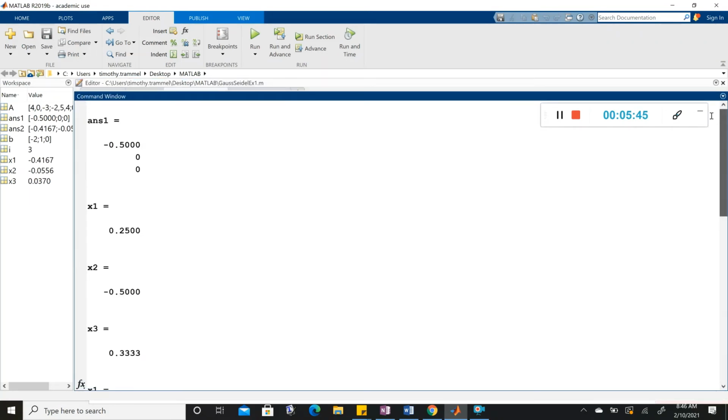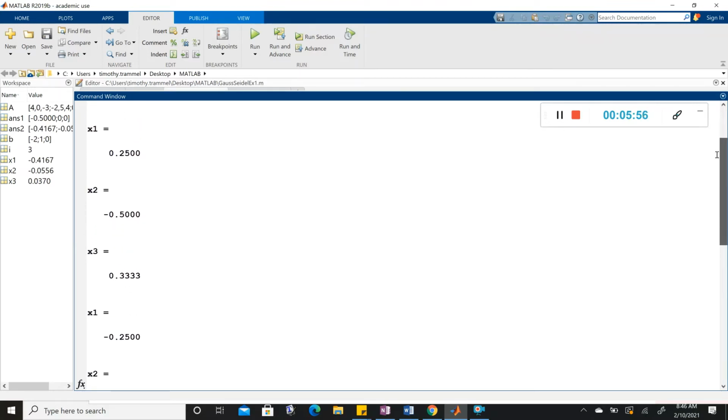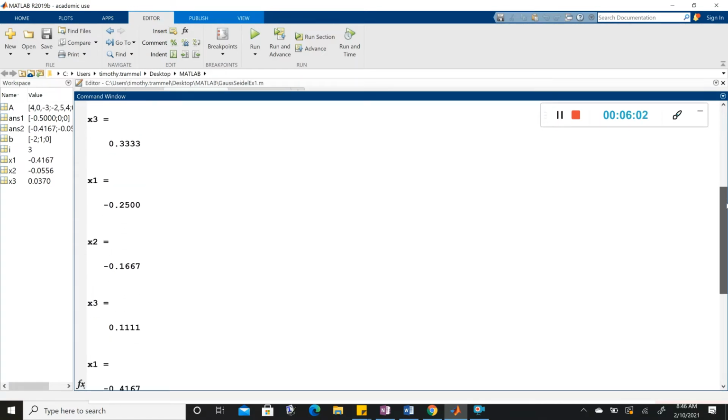The actual answer is minus 1/2, 0, 0. With our first iteration of this technique, we get minus 0.25, minus 1/2, 1/3. So this isn't looking very accurate after the first iteration.